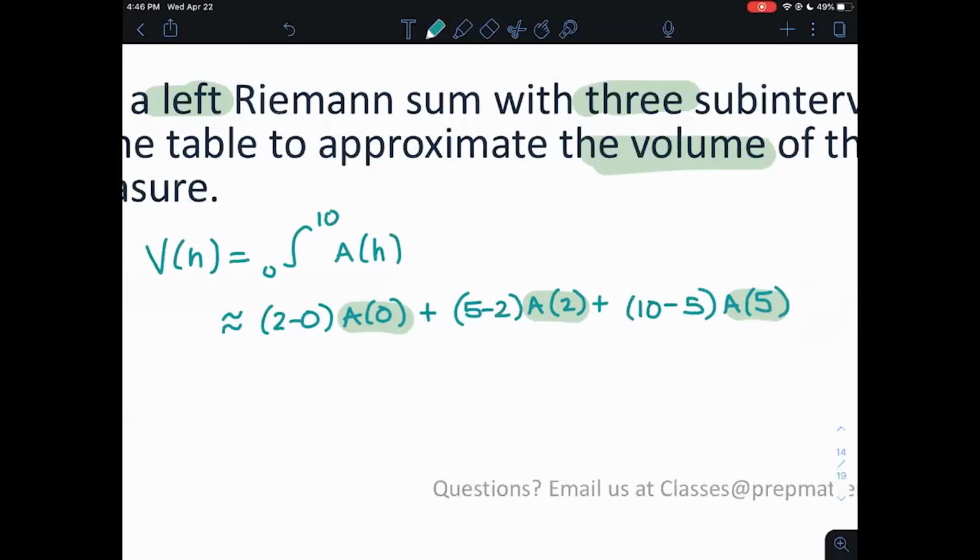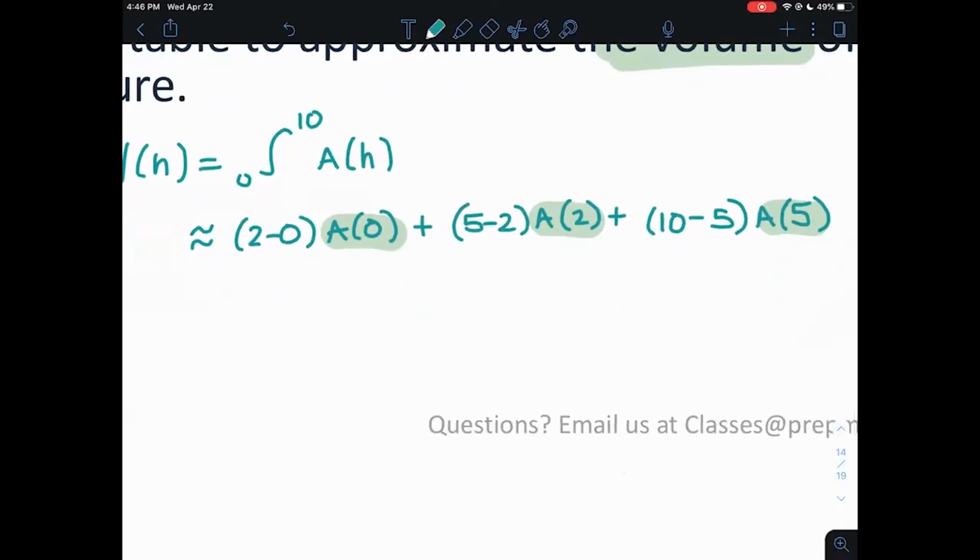Now, here's the notational part. Pay attention to this part. When I start to sub in these numbers, this a of 0, a of 2, a of 5, that is a line that is directly equivalent to the line above it. So I want to flip back to using an equal sign.